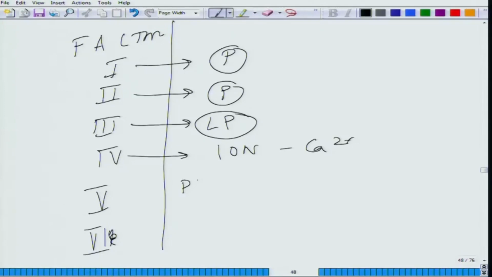Factor 5 is a protein, which is basically proaccelerin. And this one is fibrinogen.